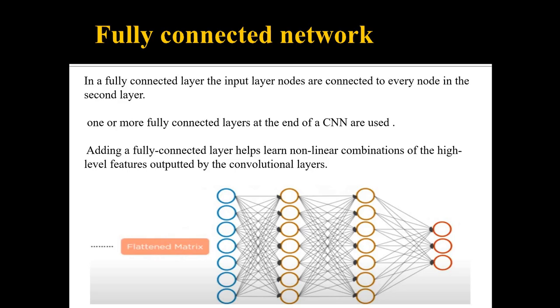Here the data is passed in one way from the input to the output layer. The fully connected layer is composed of four layers: the input layer, then the hidden layers, the first and the second, and the output layer. The input layer receives the features of the network, that is the flattened matrix which we have obtained in the previous step.